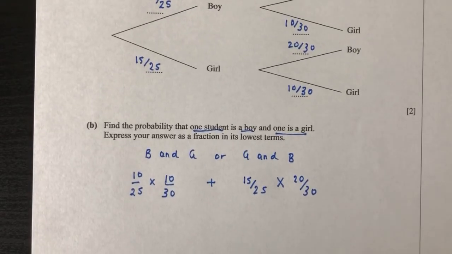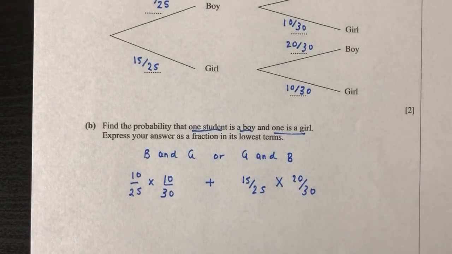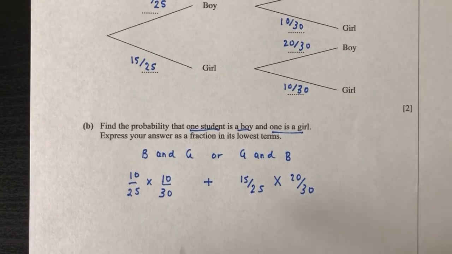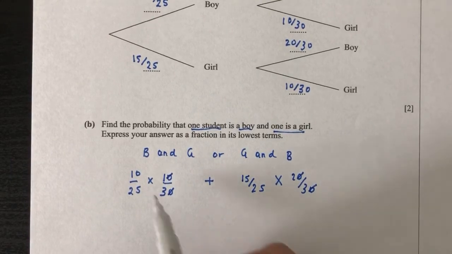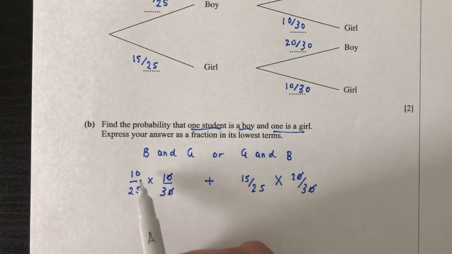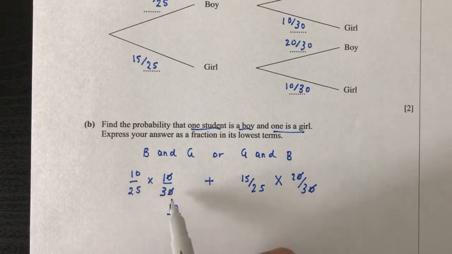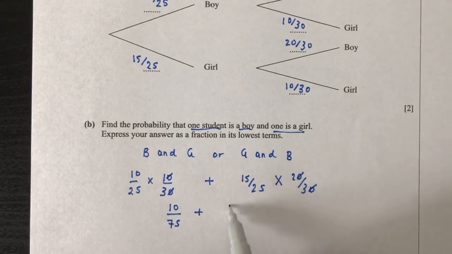Okay, so we have to simplify and find the answer for this one. So we have 0 here, let's cut that. 0, let's cut that. And let's do this for now. So we have 10 times 1 will be 10 over 75 plus 15 times 2 will be 30 over 75.